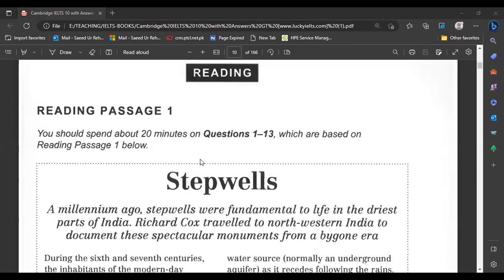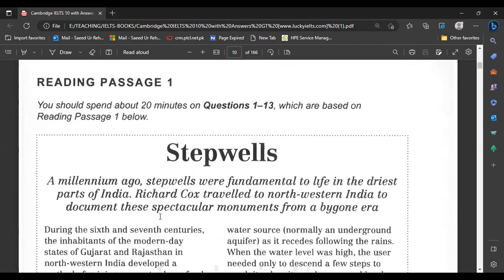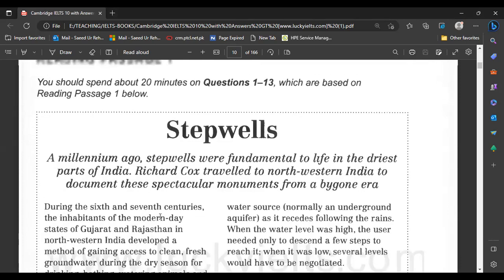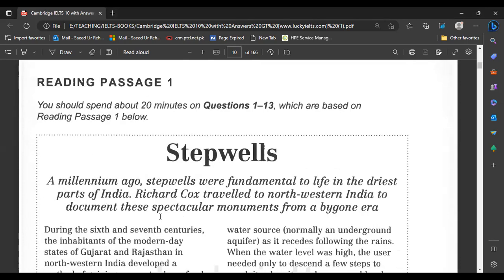Right now we are just going to view all the question types, and then after the question types I will give you tips and tricks about the reading skill. There will be passage 1, passage 2, passage 3, and in every passage there will be 13 questions, and in one passage there will be 14 questions.